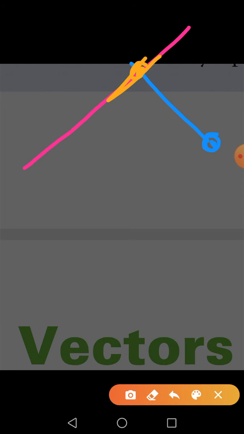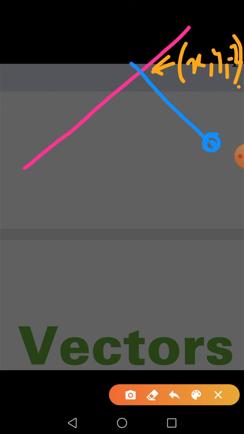Just understand that this meeting point is a coordinate point on this line, isn't it? So this meeting point has the coordinates (x, y, z), which was equal to (a + tp, b + tq, c + tr).